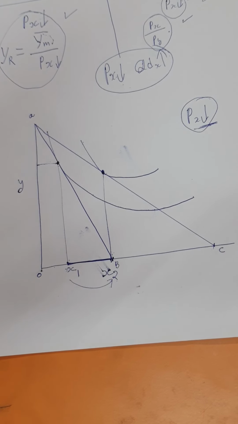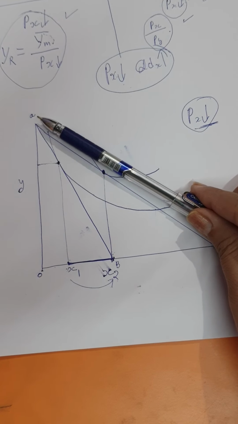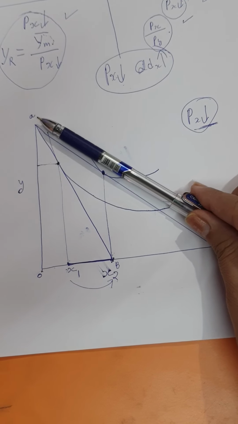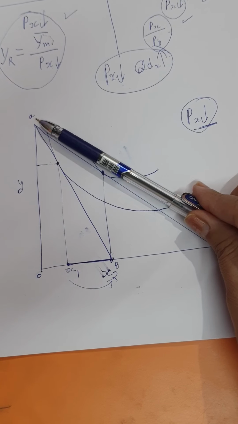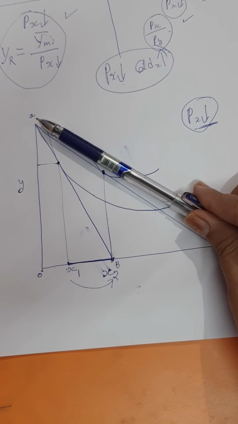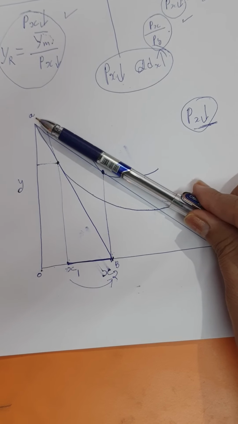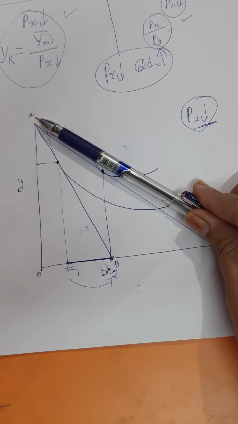So we will snatch some income from the consumer so that he is remaining with previous purchasing power and also a new price ratio where x will be cheaper than y. So when x is cheaper than y but purchasing power is same, then we can come to know how much is substitution effect.